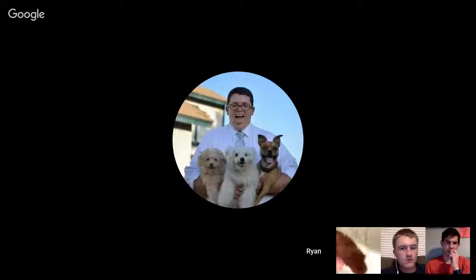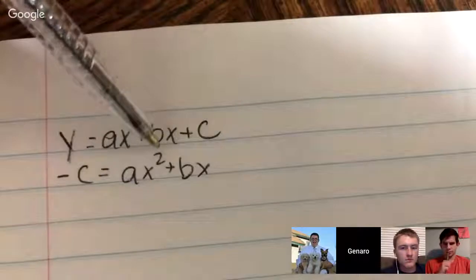Is it kind of blurry right now? That's pretty good. y equals ax squared plus bx plus c. So in my mind, you subtract the c, and then, like in my other problem, you divide by this coefficient so that you can get x squared by itself.